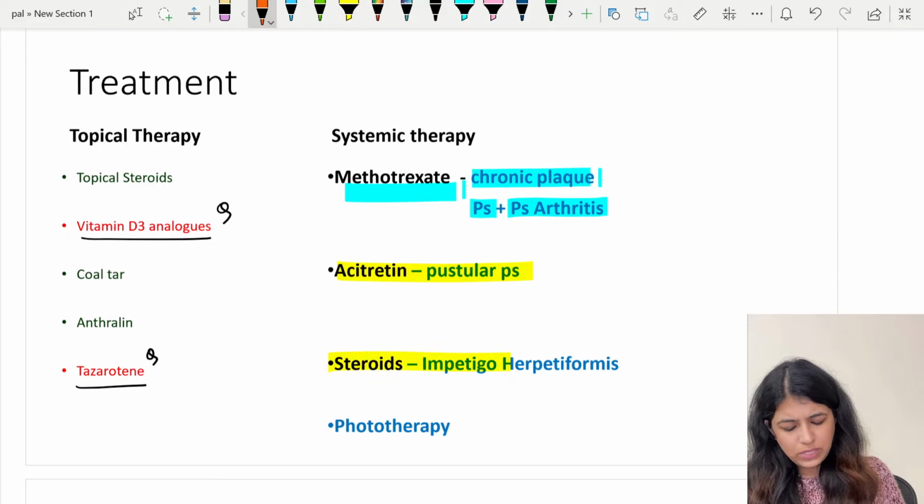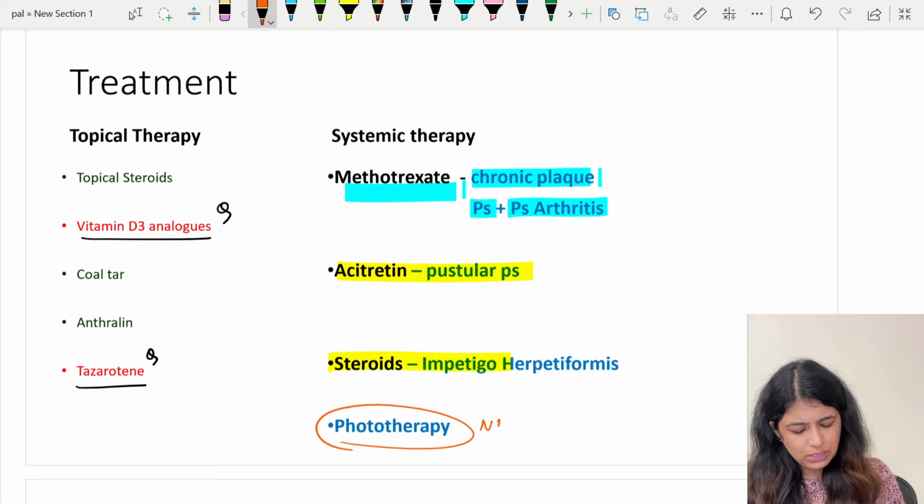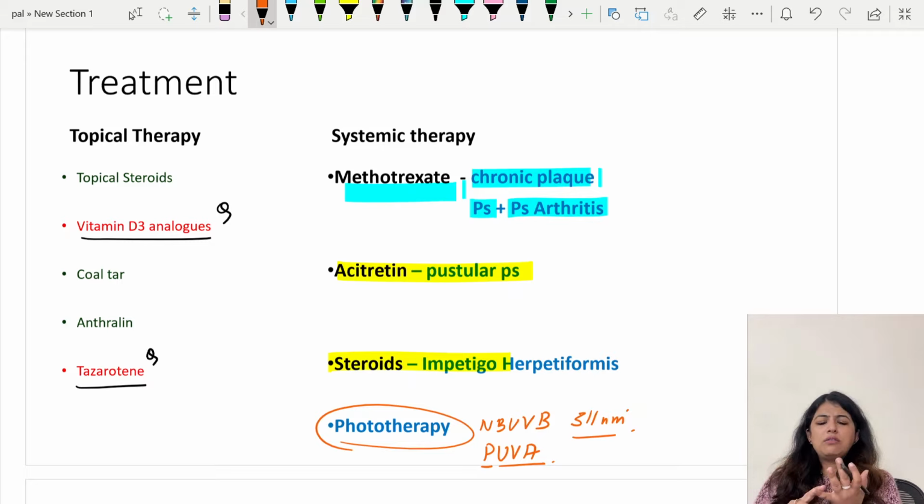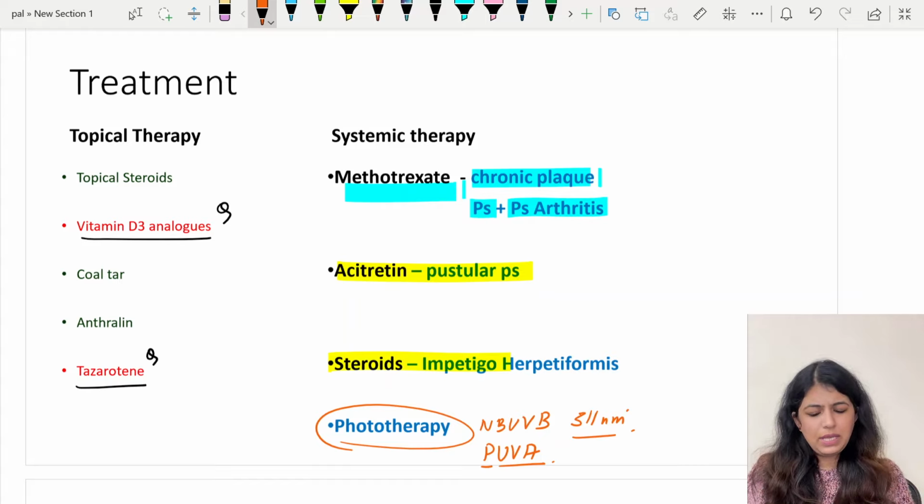Other than that, we can also give phototherapy, in which phototherapy of choice is narrowband UVB at a wavelength of 311 nanometer. Then you can also give psoralens with UVA therapy. So psoralen with UVA is called PUVA therapy. So psoriasis, everything, the clinical features, the histopath, the treatment, all can be asked.